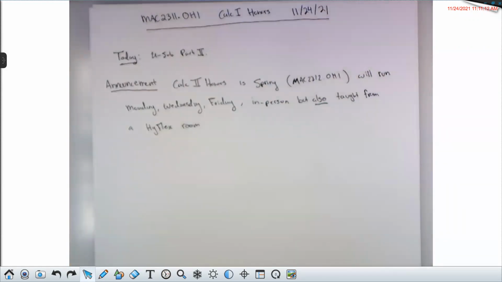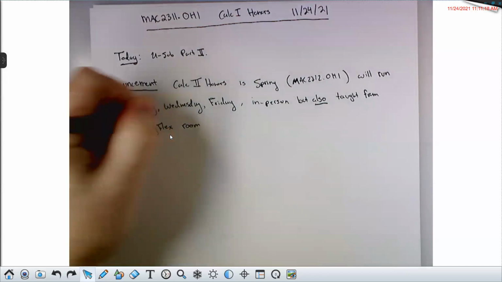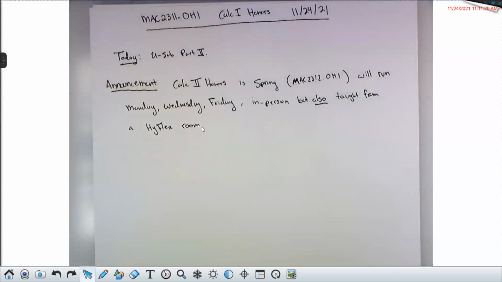What that means is that this room has a bunch of special technology to allow me to broadcast the board through Zoom and to also allow you to interact through Zoom. So this is technically an in-person class, but if you can't make it to the campus or don't want to be in an in-person class for health or whatever reasons, you can Zoom in instead, and it will be a lot like the way we're doing things now.